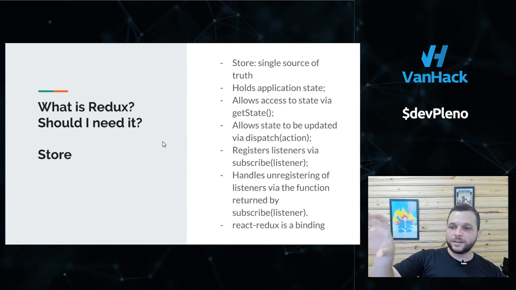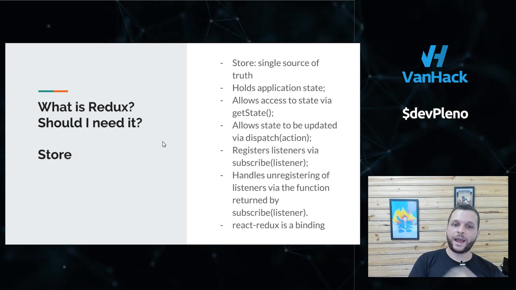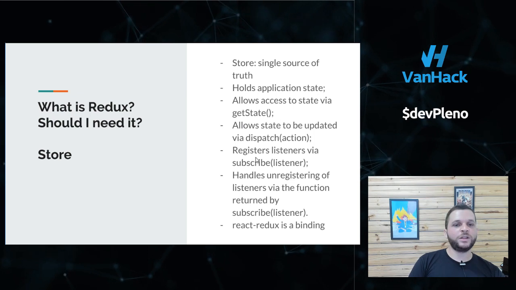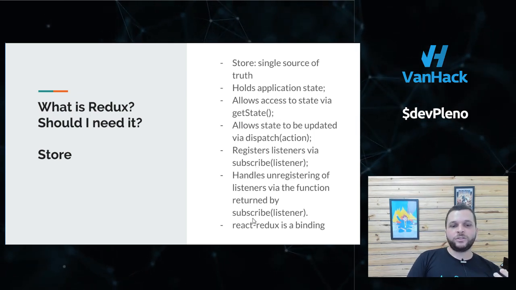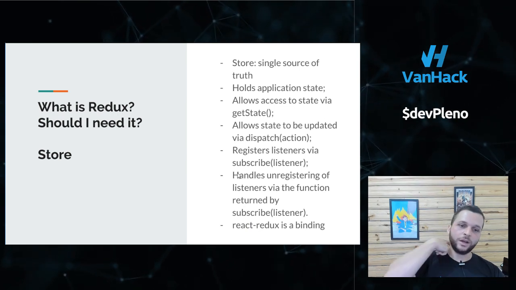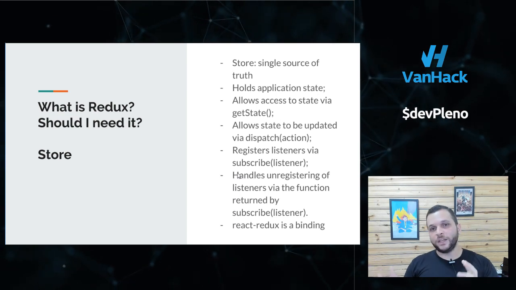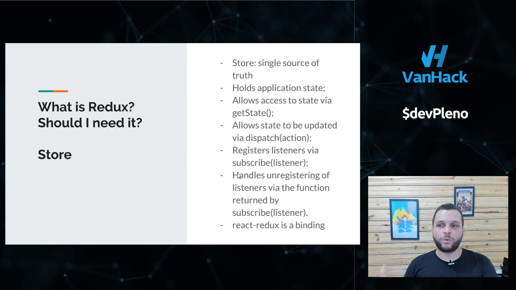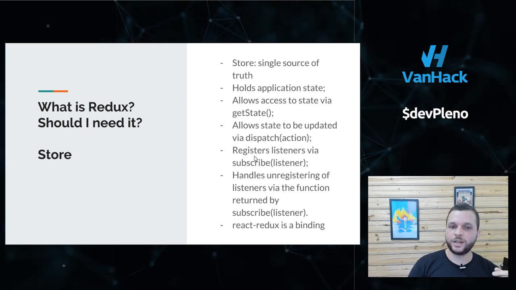React Redux is a kind of binding. So we don't need to use getState, we don't need to use subscribe, etc., because React Redux is doing this for us. So it's pretty amazing. We just need to pay attention to how to use this in a simpler way, because we don't need to deal with the subscription, etc.